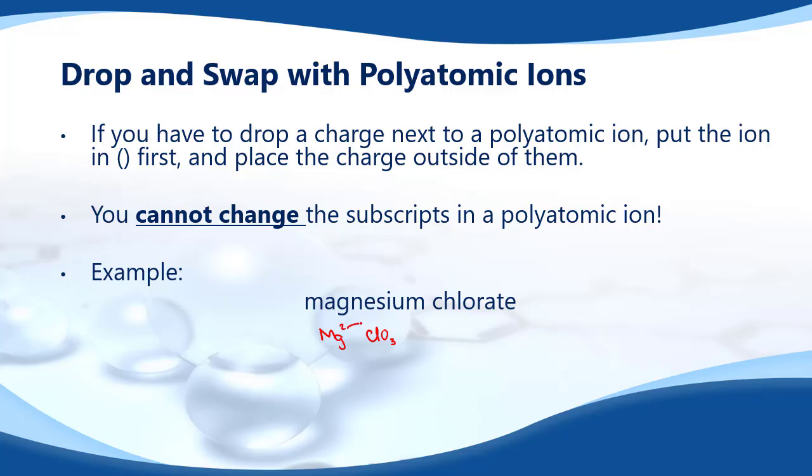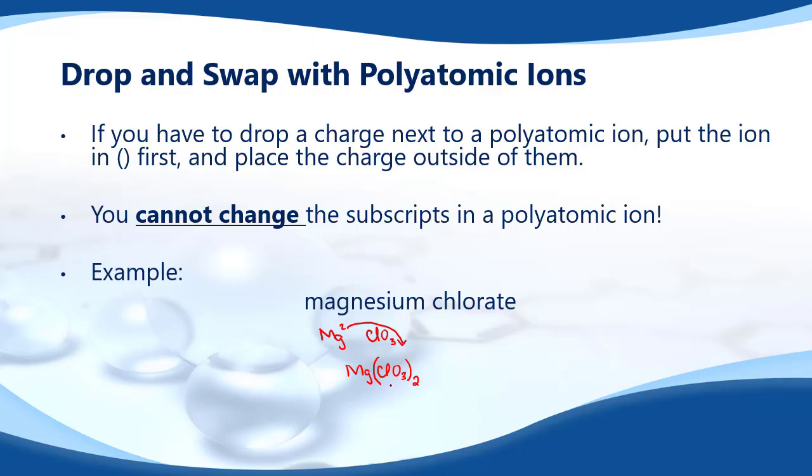We do not make this O6 or O5 or Cl2O6 or anything like that. All we do is Mg, then ClO3. We put the ClO3 in parentheses with a 2 outside. Do not use parentheses unless you put a subscript next to the group. So this is how we handle dropping charges next to a polyatomic ion.